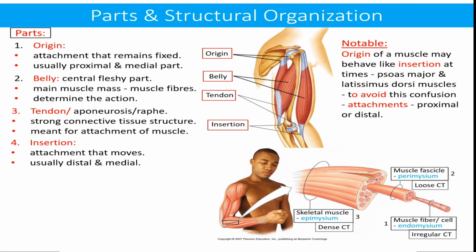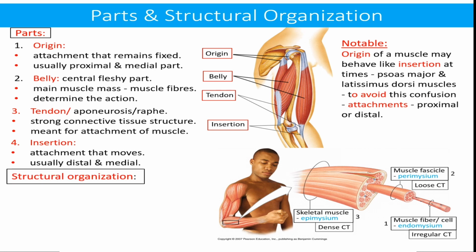A notable point is that the origin of a muscle may behave like insertion at times. Examples are psoas major and latissimus dorsi muscles. To avoid this confusion, nowadays attachments proximal or distal are used instead of origin and insertion.